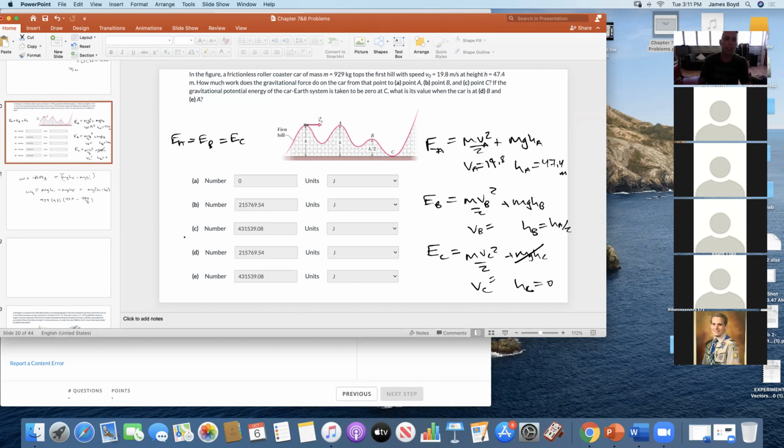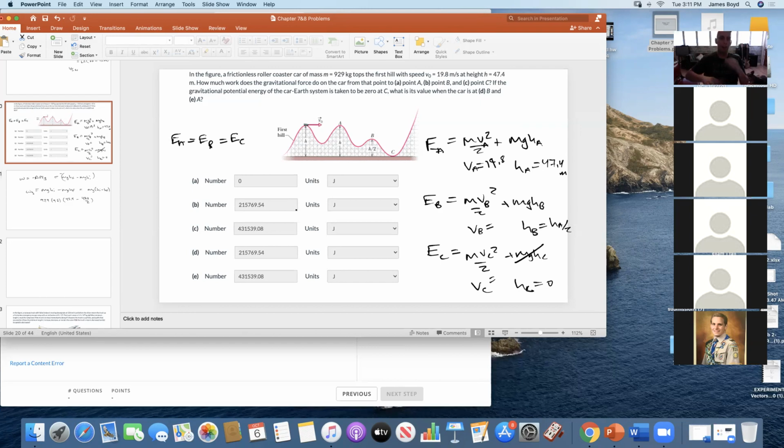Well, the gravitational potential energy is mgh. It's 0 at C. At B, it's 47.4 divided by 2 times mg, which is 215,769. And at A, it's mg times 47.4, which ends up being this 43.